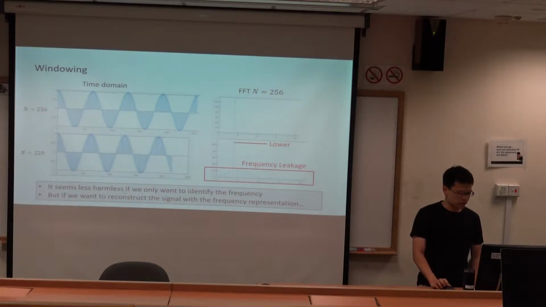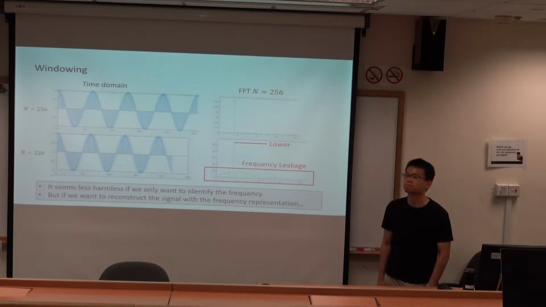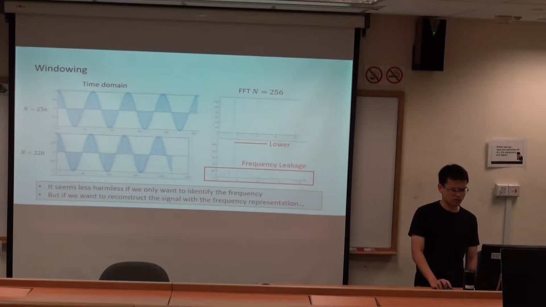Well, if we just want to pick out the main frequency, it does not matter too much, right? But if we want to reconstruct the signal with the frequency spectrum, there will be some problems. Actually, these are all noisy frequencies that we don't have in our original signal.